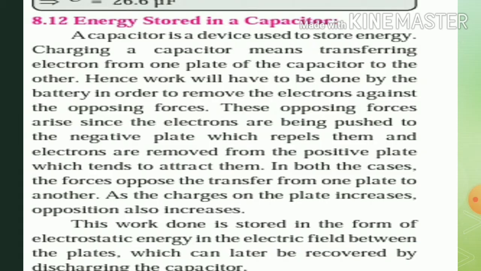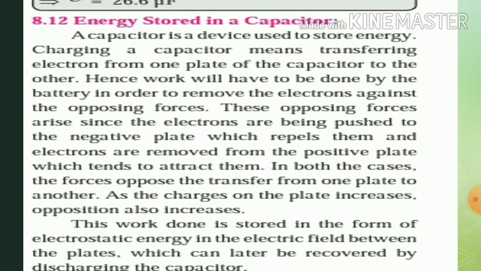In this lecture we will study the energy stored in a capacitor, or obtain an expression for the energy stored in a charged condenser or capacitor.